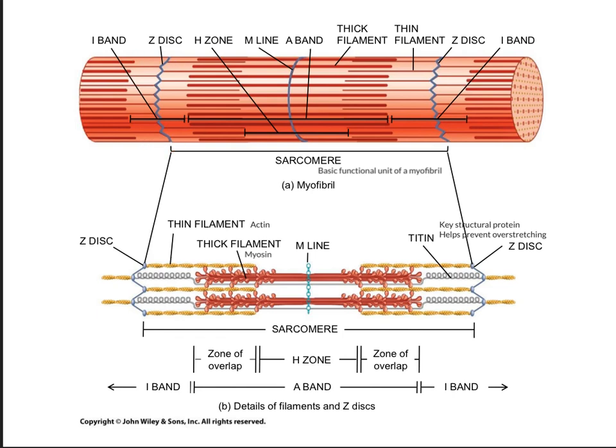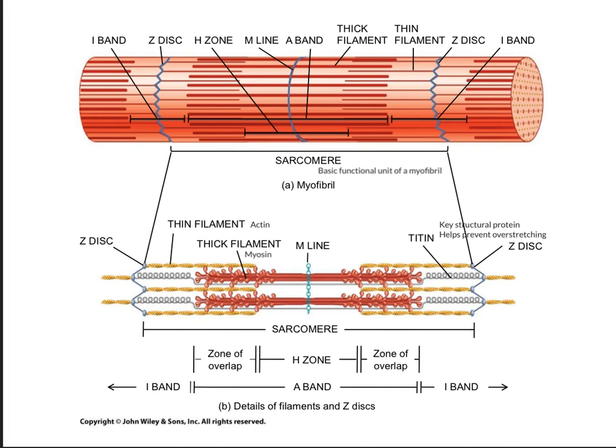The other band that they label is the A band. And the A band, which you see in this area right here, is darker and it's the part of the sarcomere where you have basically the length of the thick filament. So in the A band, you have thick and thin filaments. In the I band, it goes from sarcomere to sarcomere, and you only see the thin filaments.